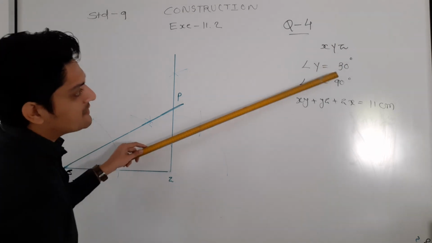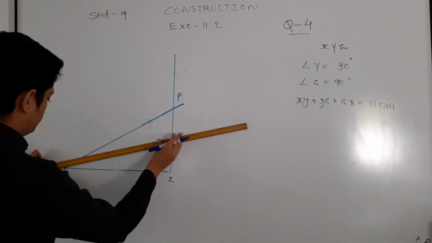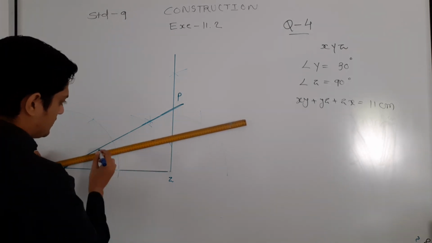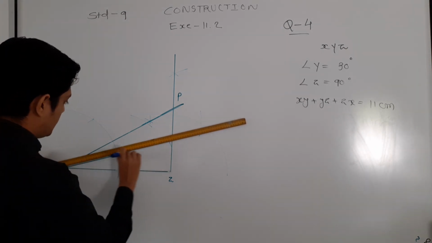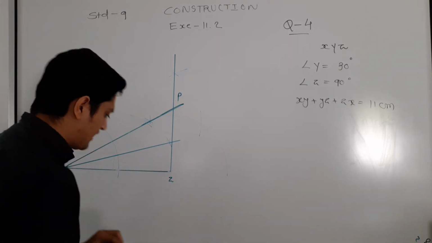Which measurement is given here, its bisector again we have to find. So that is our 15 degree, and 90th bisector also we have to find.